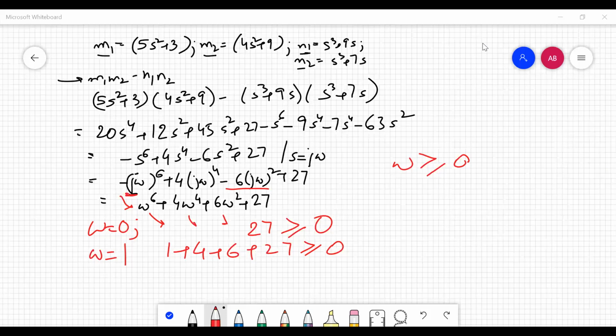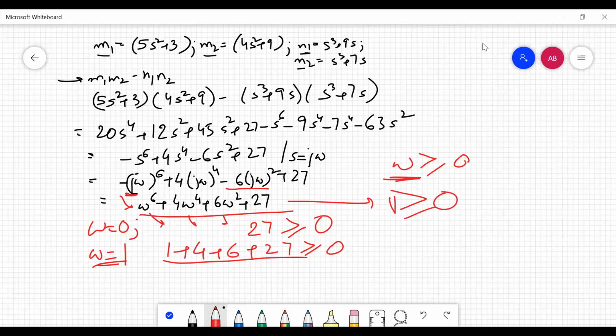With omega equal to 1 also, this comes out to be positive. Similarly, when you put all the values of omega greater than 0, you will find that this function provides values greater than or equal to 0. That means this is a positive real function. So now let's go on to our next numerical.